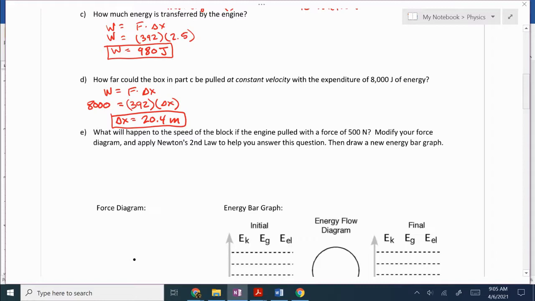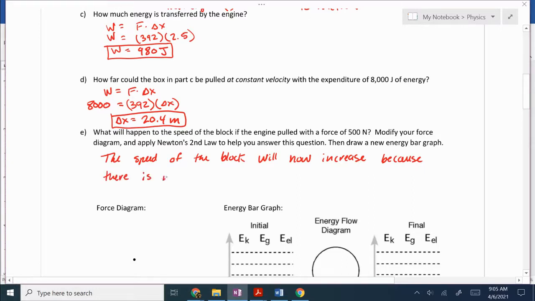So, the speed of the block will now increase because there is now a net force to the right.